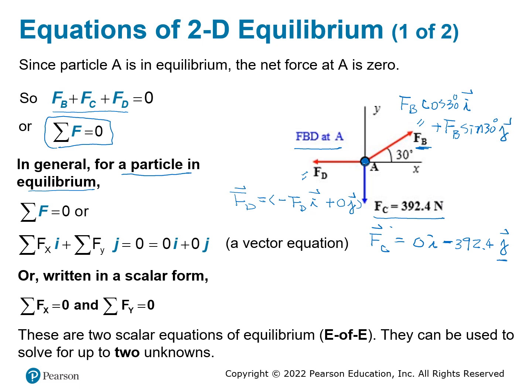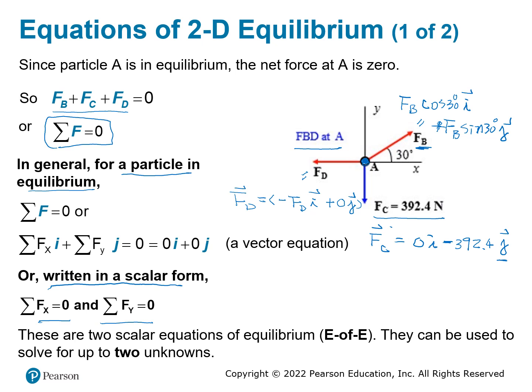Both are positive because they are in the first quadrant, going to the right and going to the top, so they are all positive. And then what you need to do is simply write this in scalar form to make summation Fx and summation Fy equal to 0. Then you solve the problem.